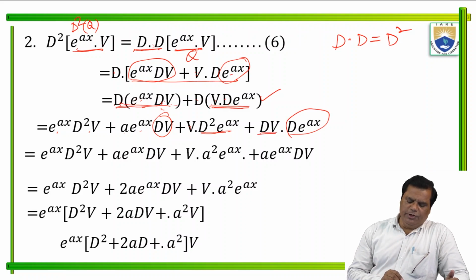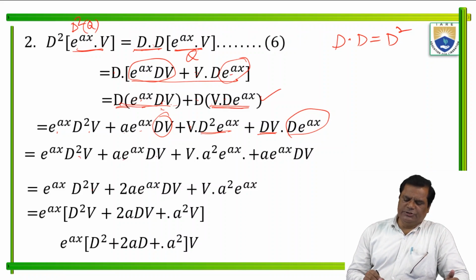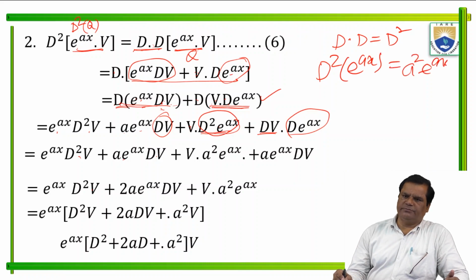So now we have e to the power ax D square v, a e to the power ax dv, and plus v D square of e to the power ax, so we write a square e to the power ax.